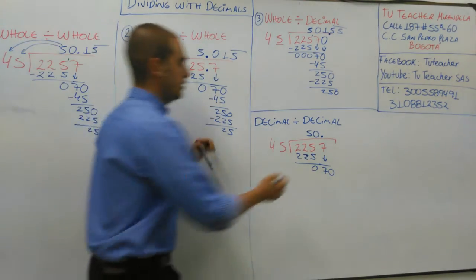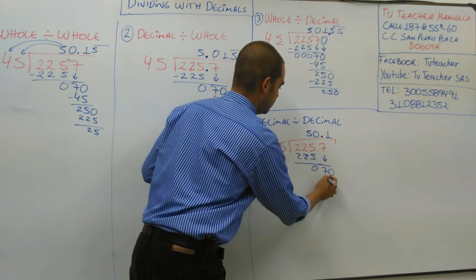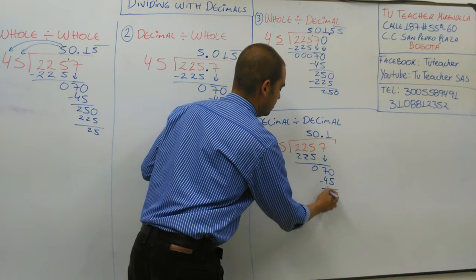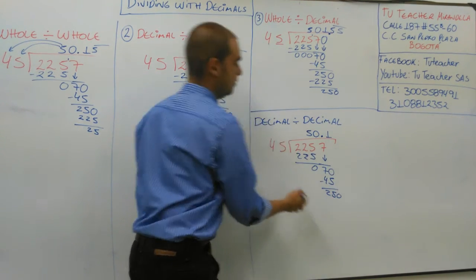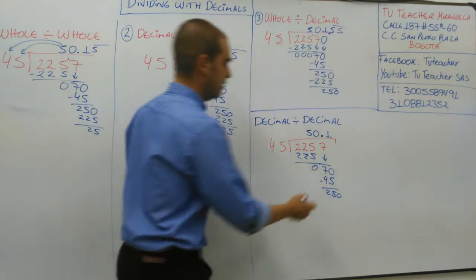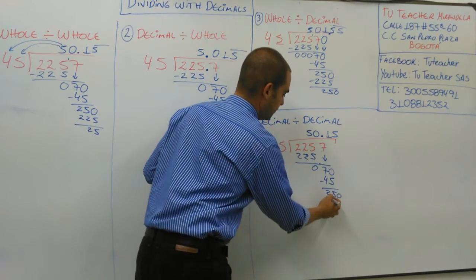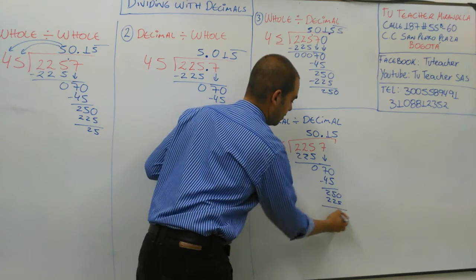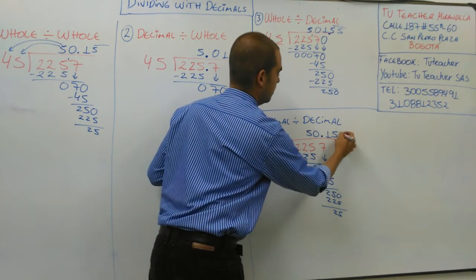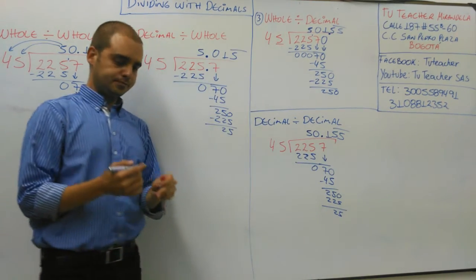Now it's again 1 time, this is 45, 25 left, 0 to continue dividing. And then we have 225, 25, and this becomes periodical again.